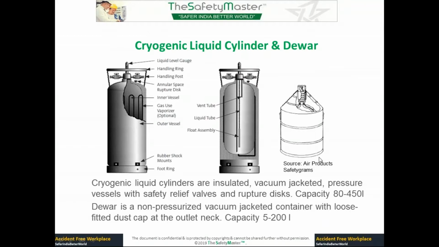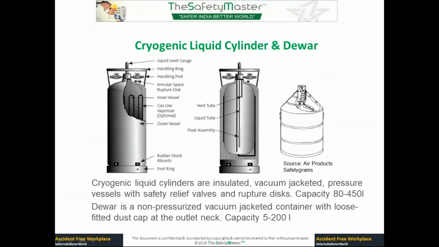And now cryogenic liquid cylinders and Dewars. This is called a cryogenic liquid cylinder. What is the difference from a Dewar? This is the Dewar. A Dewar is nothing but a flask, like a flask for storing liquid nitrogen. But here the difference is that it is at atmospheric pressure. There is a cap, and as the liquid vaporizes, it slowly escapes from this cap.